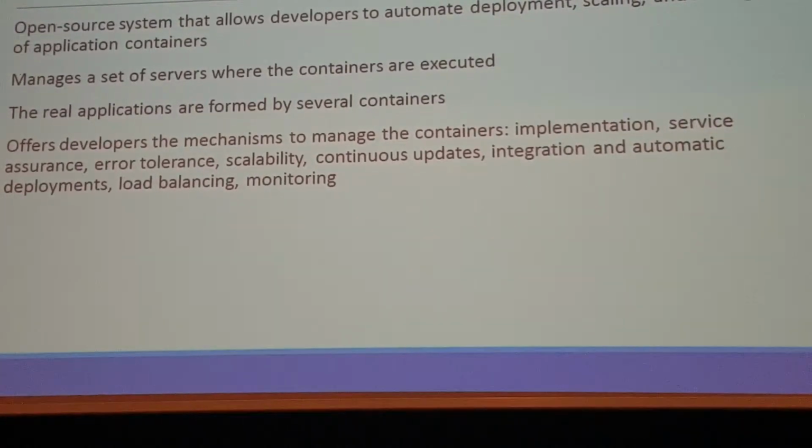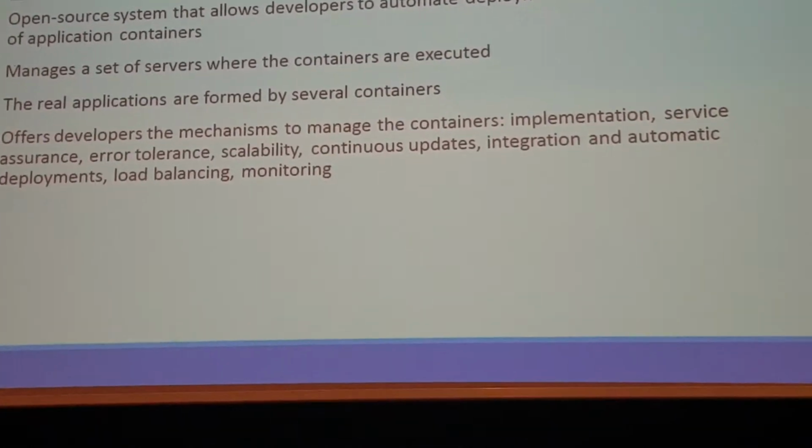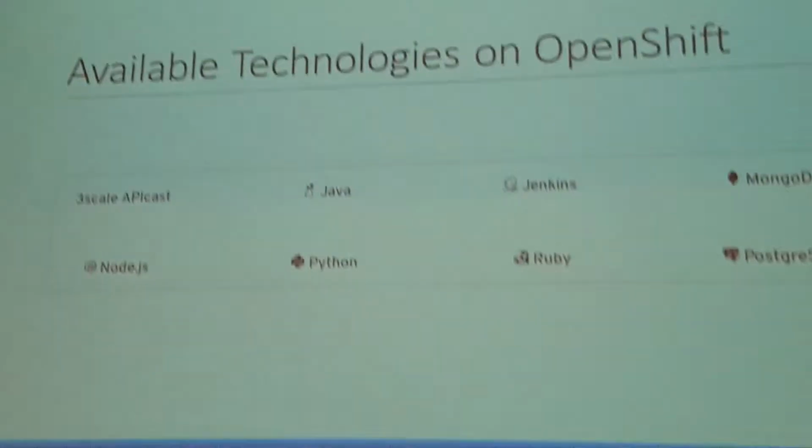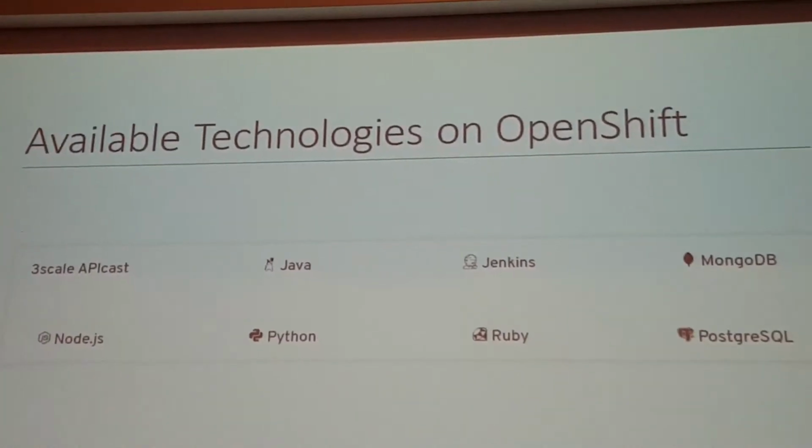As the application grows bigger or more users start using it, the system makes it easier for the application to grow. It also provides other mechanisms to manage the containers, such as implementing error tolerance, as well as integration and continuous updates.